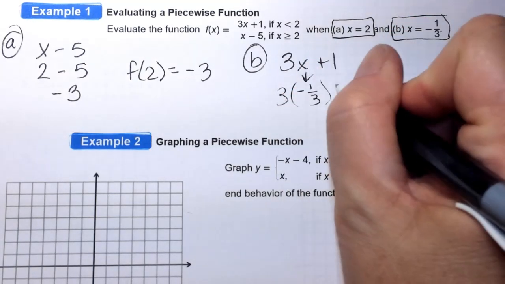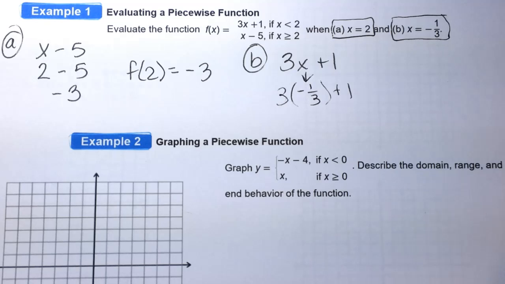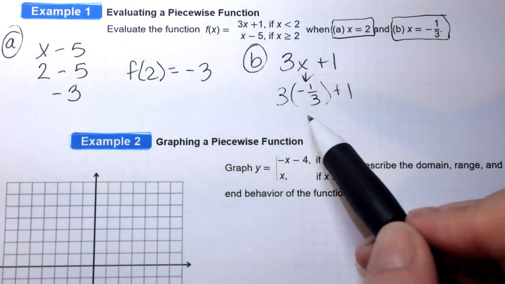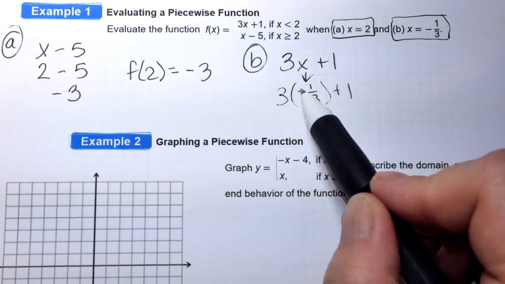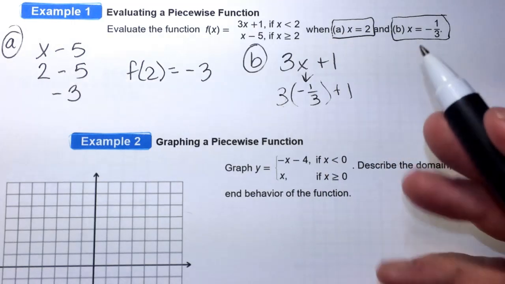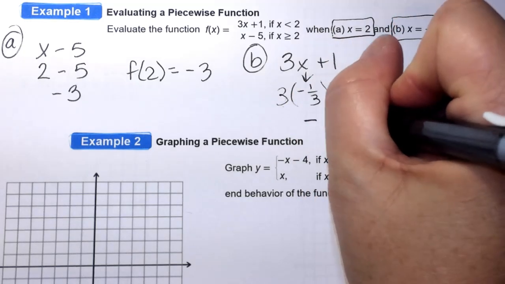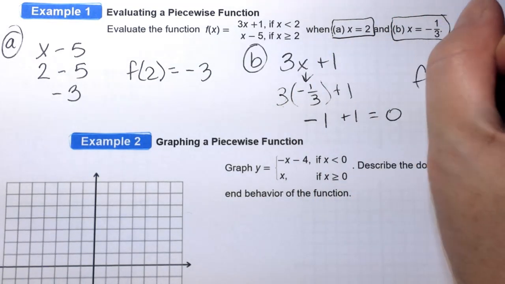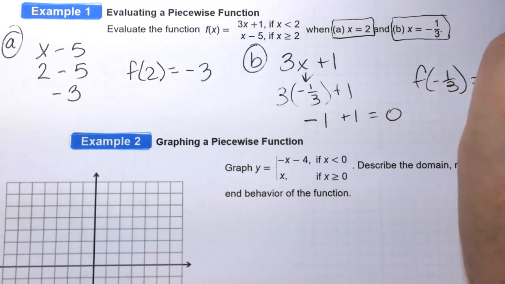Just because it's a fraction, don't start getting scared, because this is an easy fraction. 1/3 of 3 is just 1. You could also look at it as 3 times negative 1 is negative 3. Negative 3 divided by 3 gives you negative 1. So we got negative 1 plus 1, and that equals 0. So f of negative 1/3 is equal to 0.